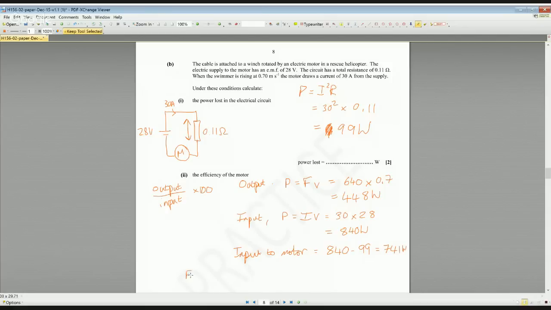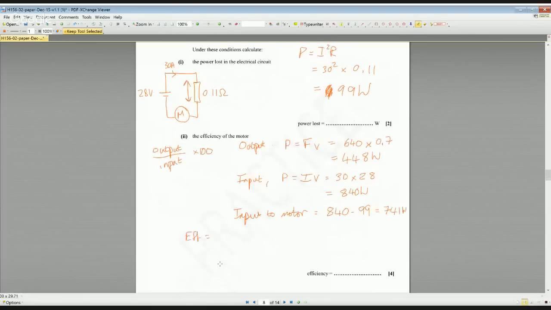So our efficiency will be the output 448 divided by the input to the motor 741. You can multiply it by 100 to turn it into a percentage. It doesn't matter too much here whether you present it as a percentage or a fraction, or a decimal, sorry. And that gives you a percentage efficiency of 60.